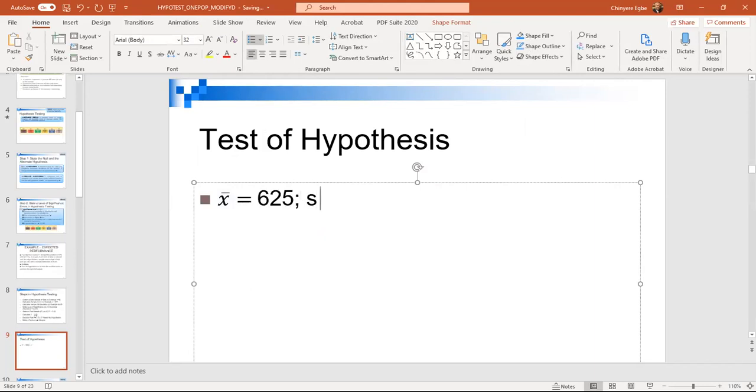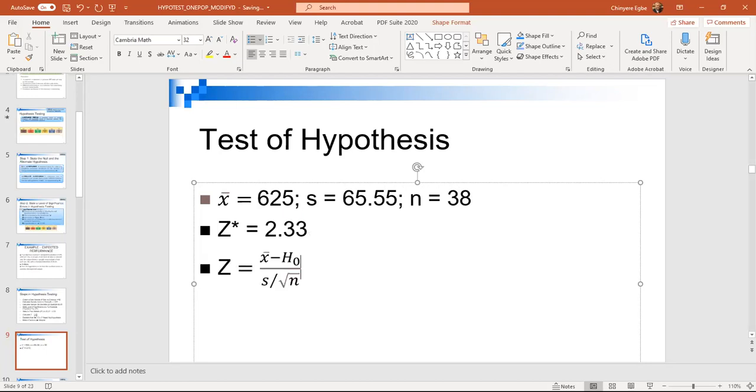And S, the sample standard deviation, was 65.55. Know that n is equal to 38. And also we took Z star equal to 2.33. So what is Z? This is the formula for Z.